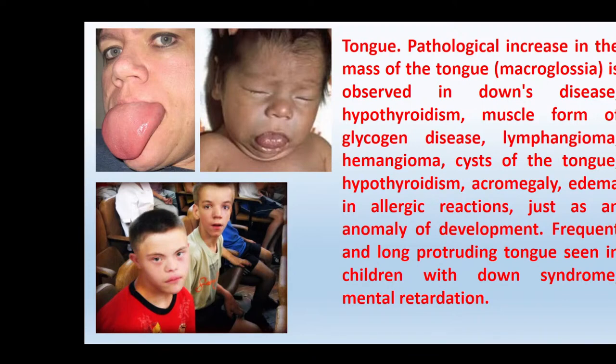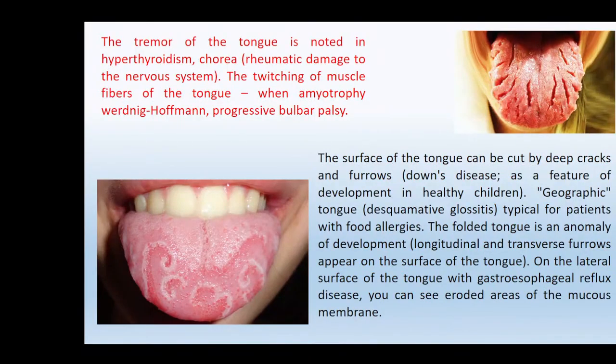A large and long protuberant tongue is seen in children with Down syndrome and mental retardation.